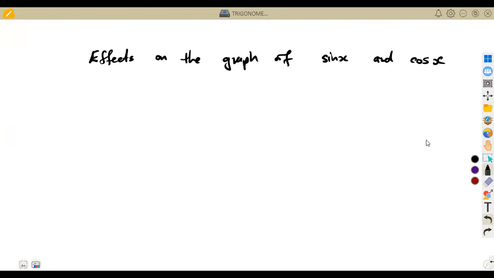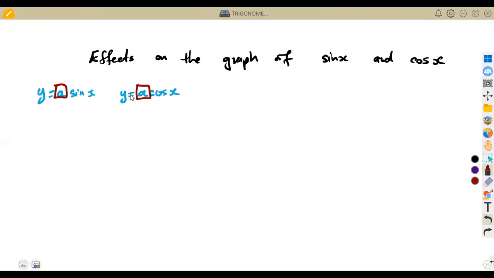Given a condition, the first effect that we shall see is that, let's say we have got the graph of y is equal to a sine of x, or we are talking about the graph of y is equal to a cos of x, where now there is a number that is affecting cos here, that is affecting sine.